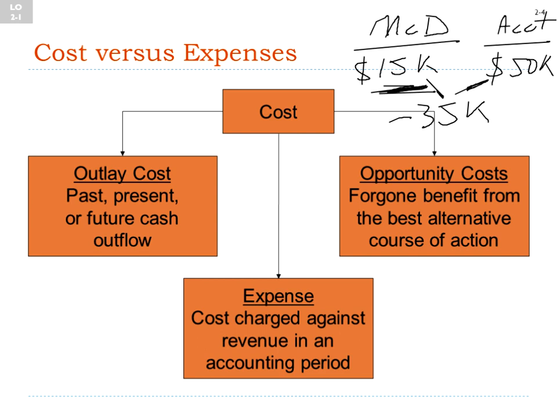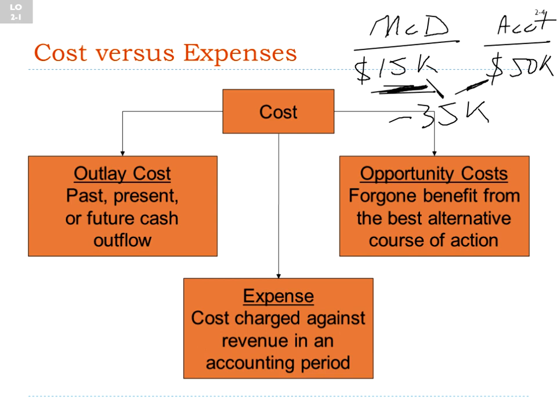So according to economists and cost accountants, you should work in a job that maximizes the amount you can make, and you can make $50,000. But instead, you chose to work at a job making $15,000. So what that means is that it's actually costing you $35,000 to work at McDonald's.